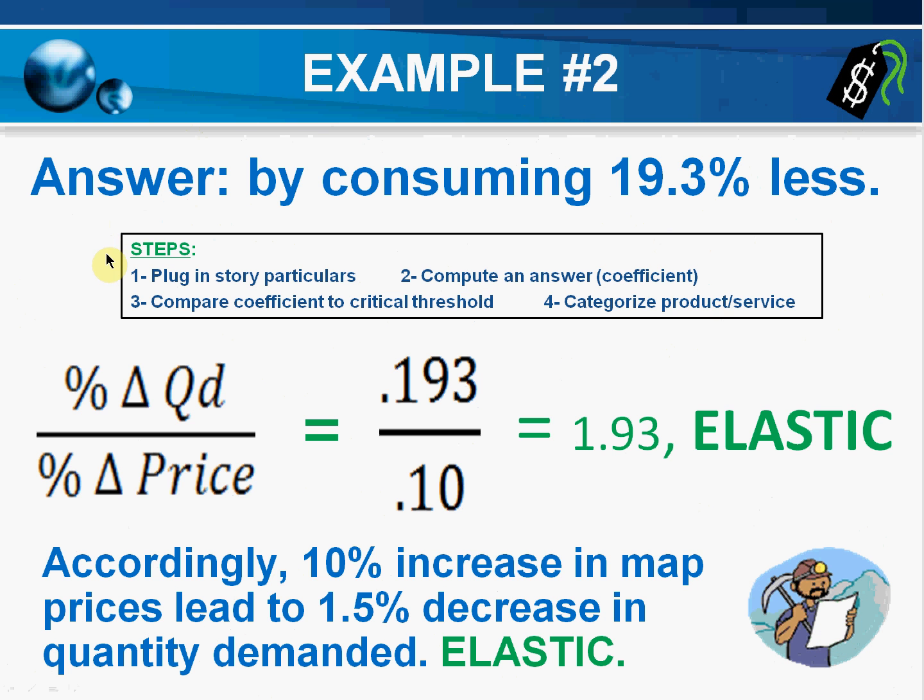Accordingly, in following the steps, we've plugged in the story particulars, a 10% increase in the price of maps in the bottom, followed by consumer response of 19.3% reduction in quantity purchased, resulting in a coefficient or answer of 1.93. Judging 1.93 against the critical threshold of 1 results in an elastic answer, meaning the National Geographic World Maps are price sensitive. If you increase the price by 10%, you should expect as a producer nearly a 20% reduction in sales.